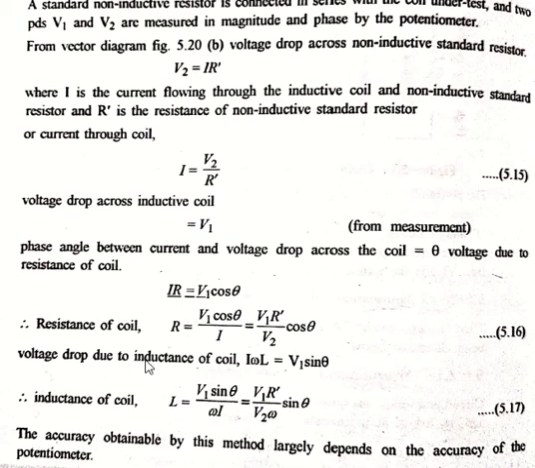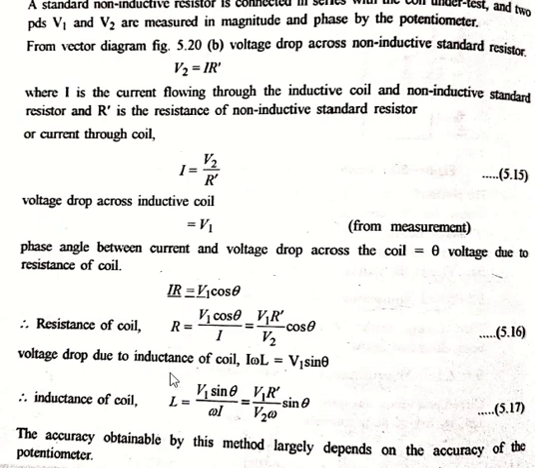The voltage drop due to the inductance of the coil is I omega L, which equals V1 sin theta. Now we have to find L, the self-inductance. So the inductance of the coil L comes out to be V1 sin theta by omega I. Separating out L from this equation, by putting the value of I from equation 5.16, we get L equals V1 by V2, times R dash, the standard resistance, divided by omega sin theta.